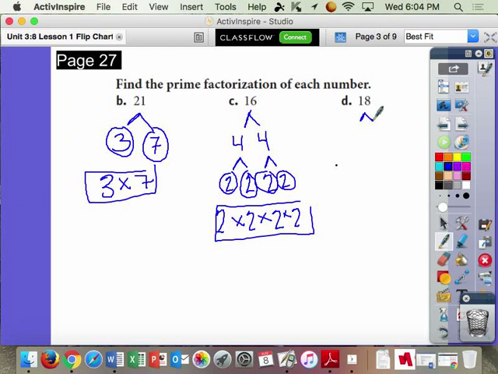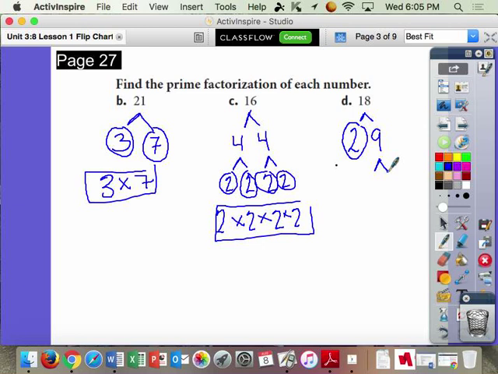Looking at 18, what is the prime factorization of 18? Well, what two numbers multiply together to get 18? You could say 3 and 6. You could say 2 and 9. So let's use 2 and 9. I'm going to circle 2.